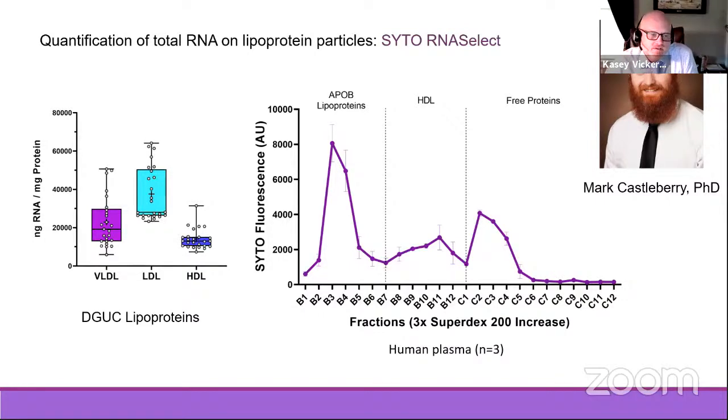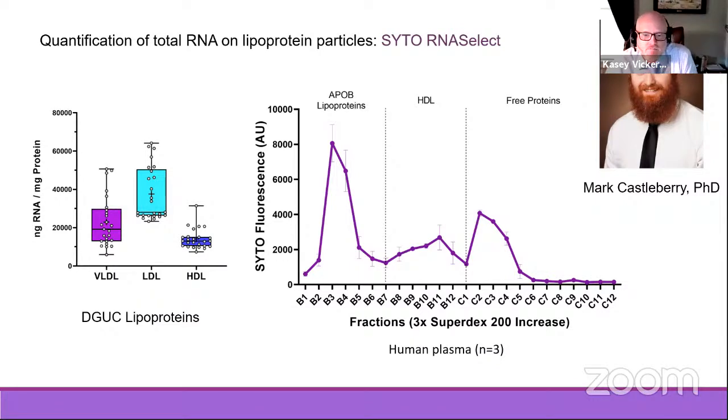So when we started looking at the different lipoprotein classes, we isolated lipoproteins with density gradient ultracentrifugation, and then quantified the amount of RNA, normalized per protein. It seems that LDL has a little bit more RNA than VLDL and a little bit more RNA than the HDL.